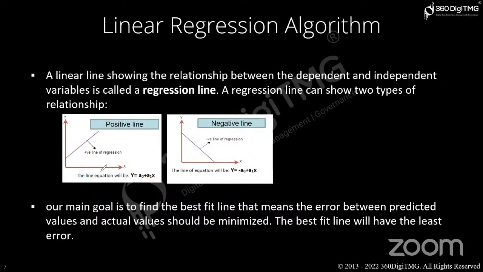In positive, if the dependent variable, that is y, increases on the y-axis and the independent variable on the x-axis is also increasing, then such a relationship is termed a positive linear relationship. But if you observe over here, as the values on the x-axis are getting increased, the value on the y-axis is getting decreased. That is called a negative linear relationship.